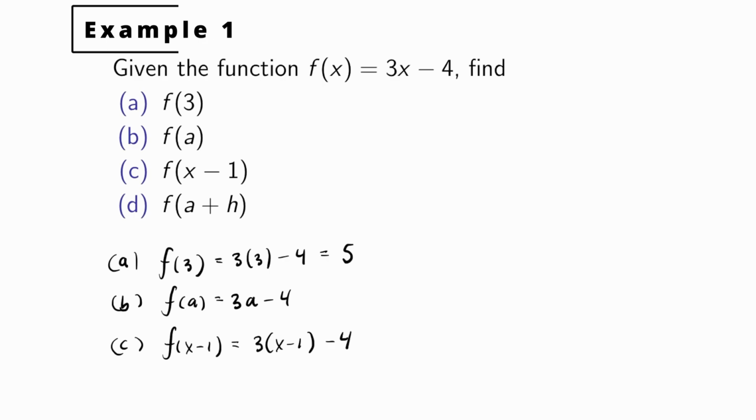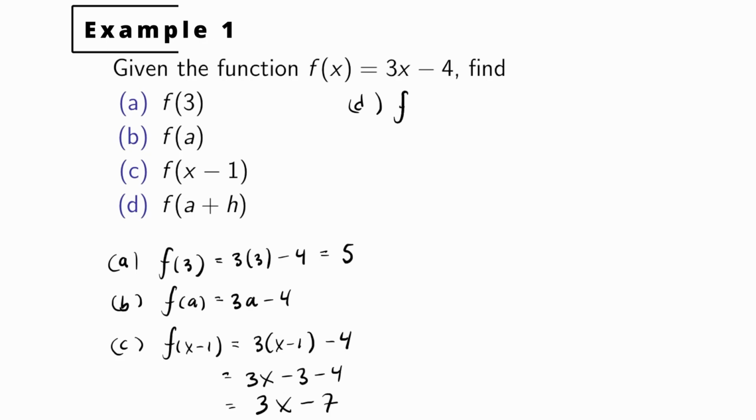We should simplify this. So we distribute this 3: 3 times x, 3 times negative 1. This will become 3 times x minus 3 times 1 minus 4, and this will give us 3x minus 7.